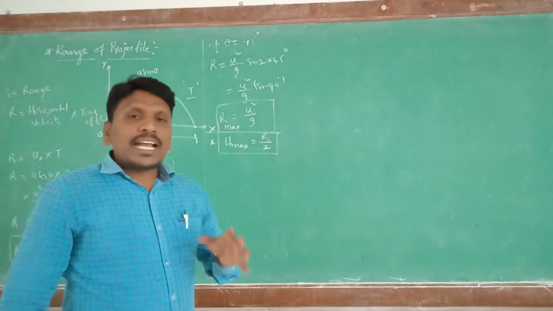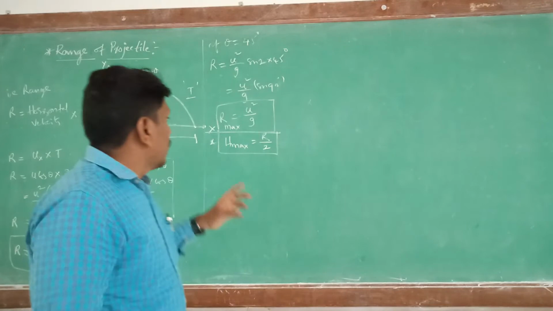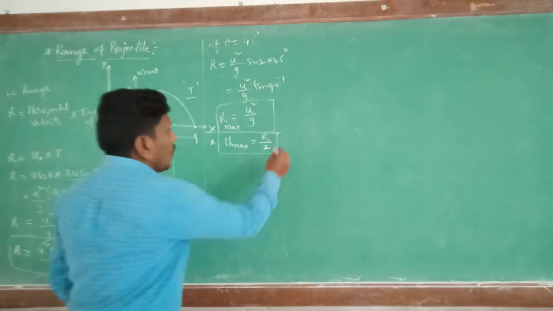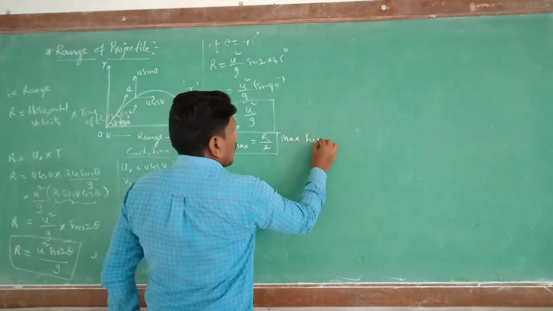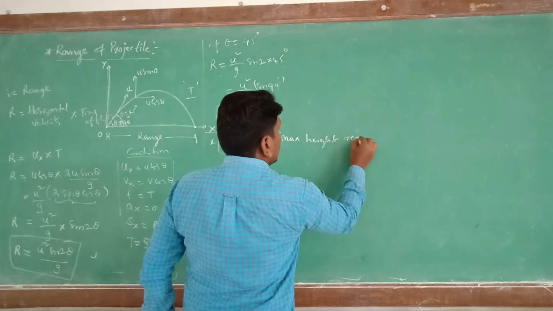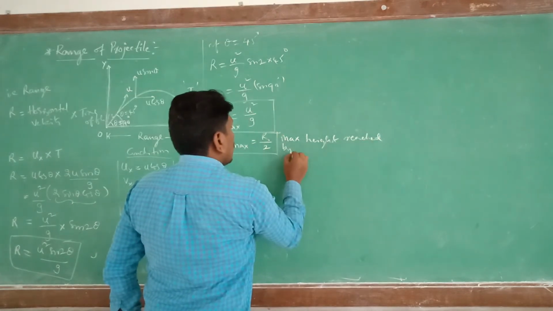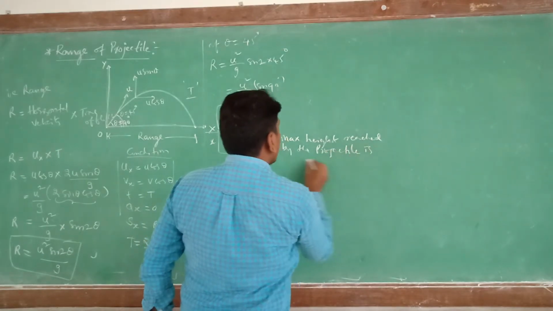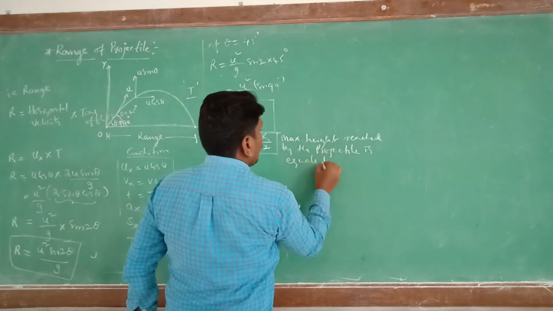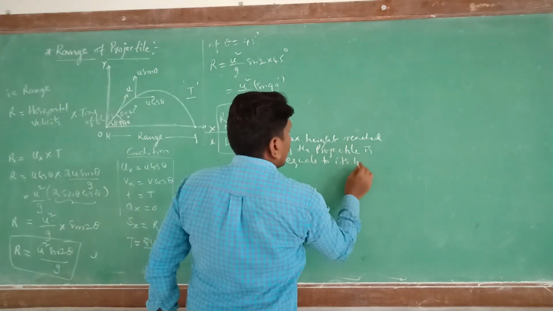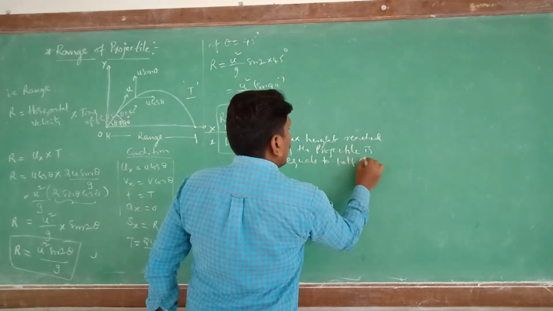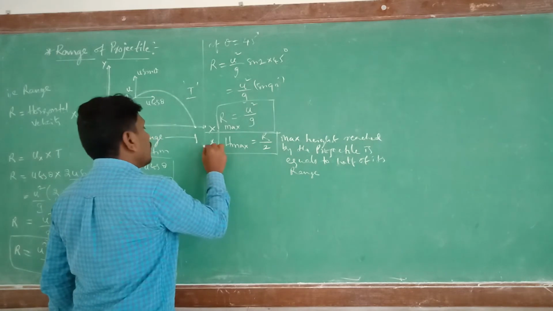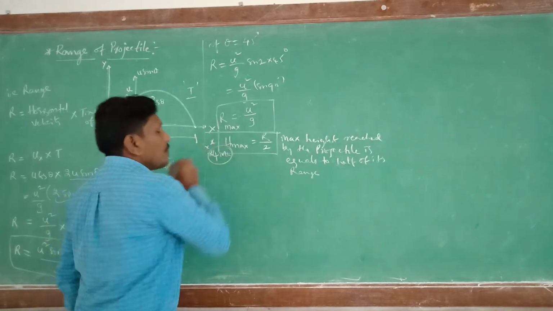That is, the maximum height reached by a projectile is equal to half of its range. This is very important for 4 marks in IPE.